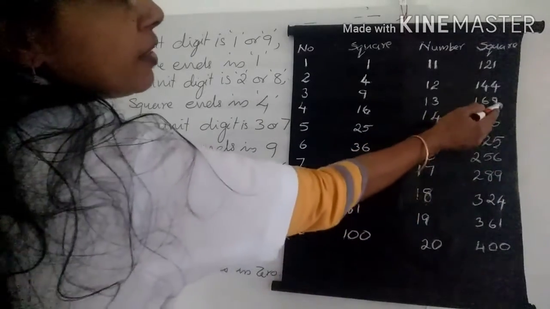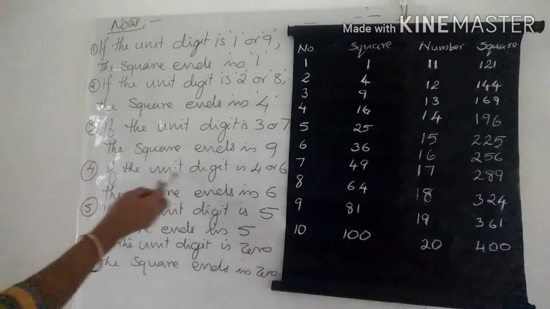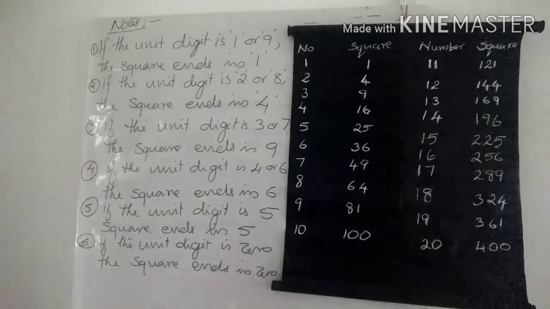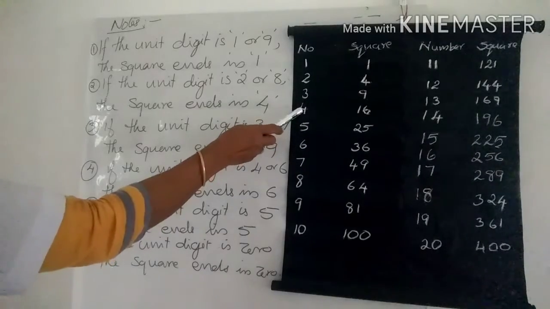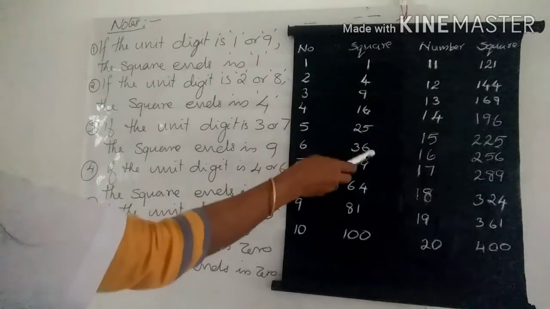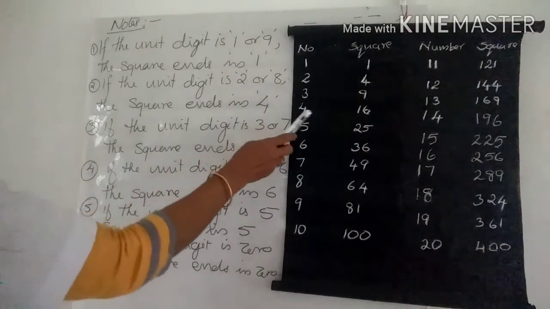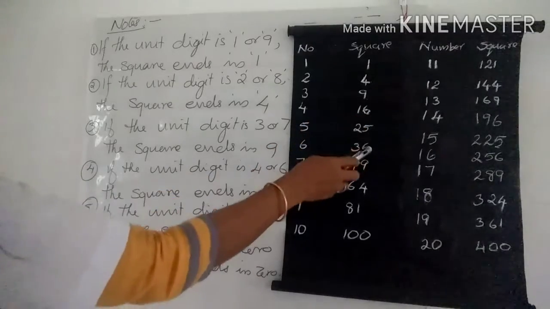Square ends in 9. Next, the fourth note: if the unit digit is 4 or 6, the square ends in 6 itself.